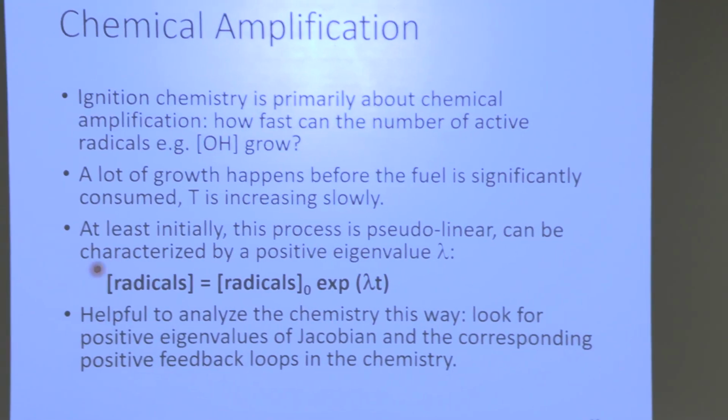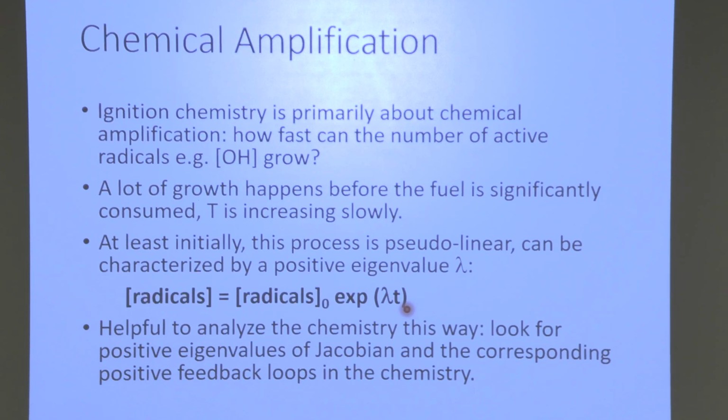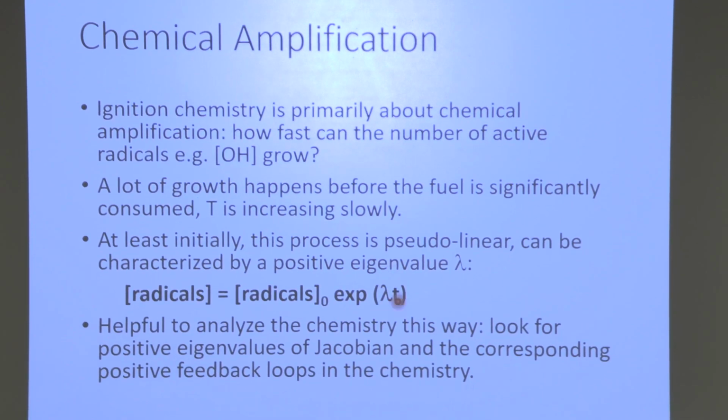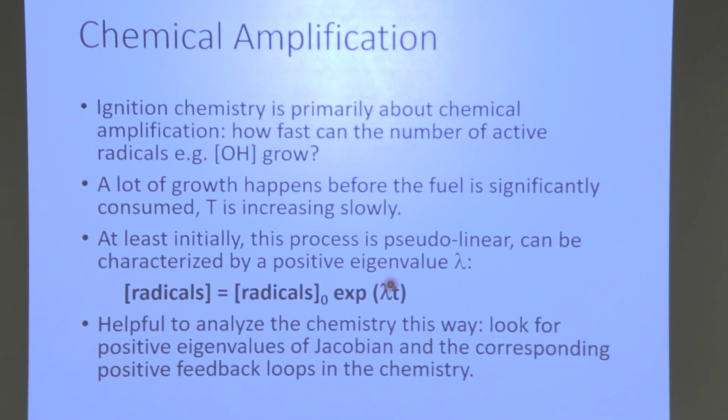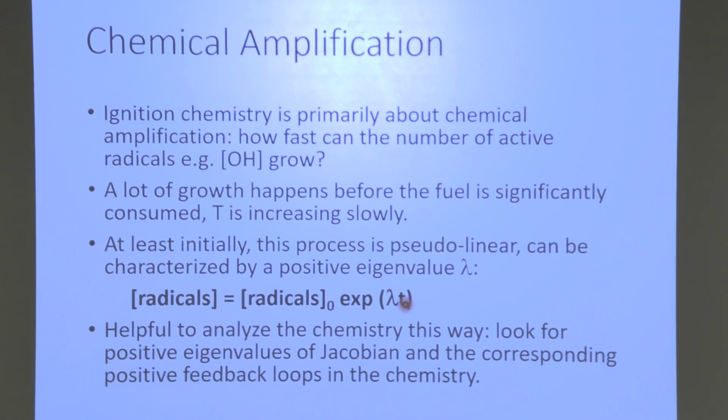In general, you can model this as the radicals growing or shrinking exponentially. The whole thing has to do with the eigenvalue here. Is this a positive number or a negative number? And if it's positive, what's the time scale? How big is this lambda? Because that sets the time scale of how fast the radicals grow.